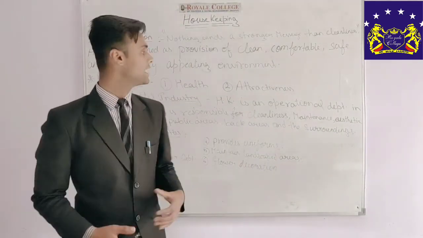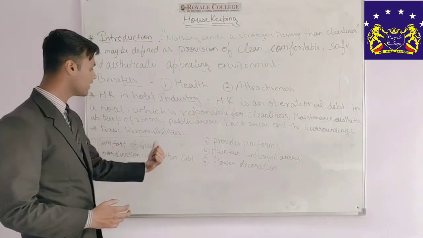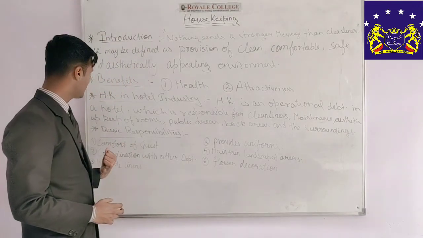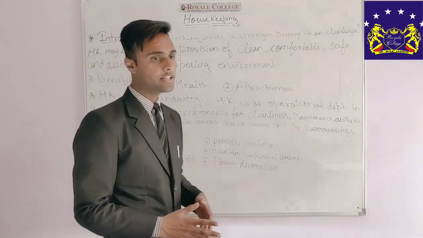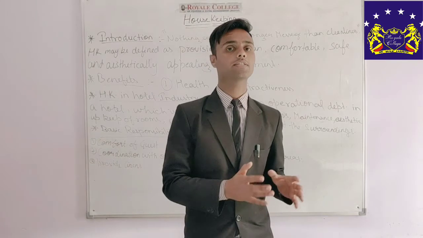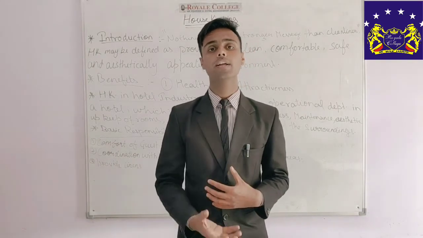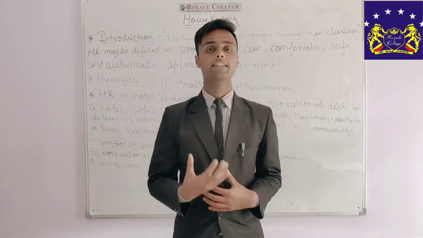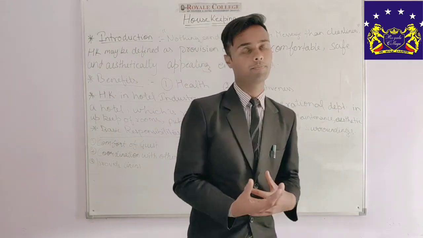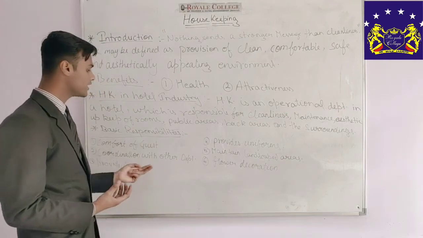Now we'll go to the HK responsibilities of the housekeeping department. First is comfort of guests. I have told you that they provide many kinds of services like turn-down service and replenishing all the necessities and amenities in the guest room, so the guests make themselves comfortable. Now we'll go to the next point, which is coordination with other departments.